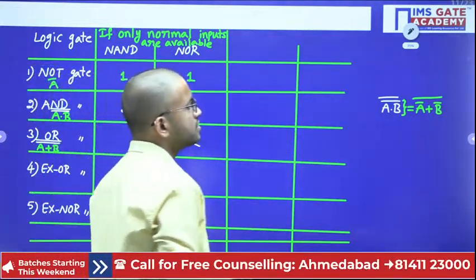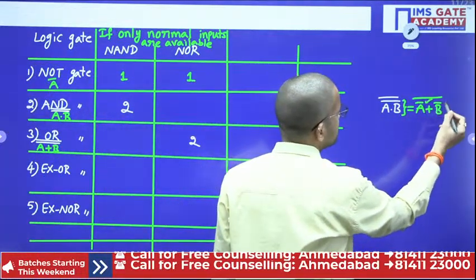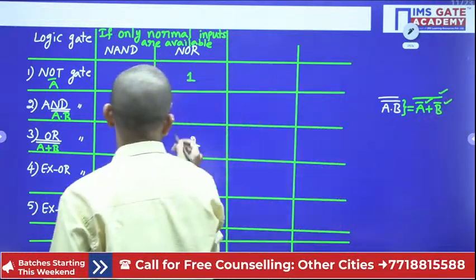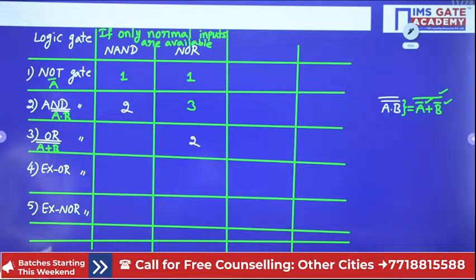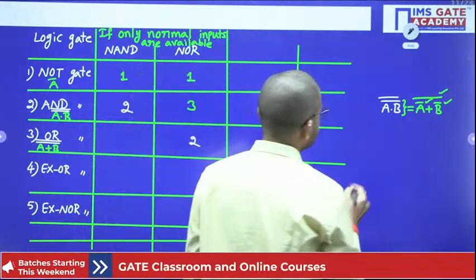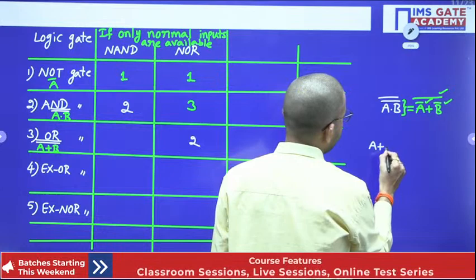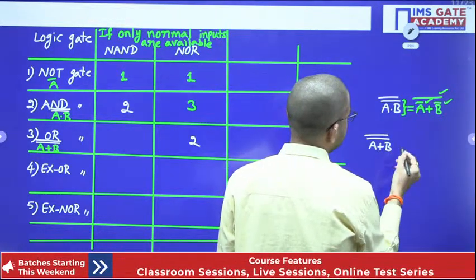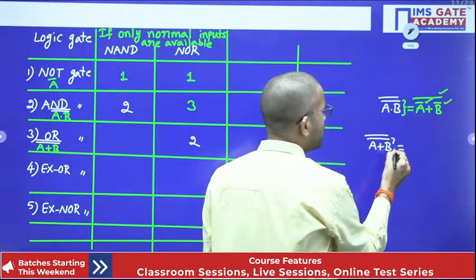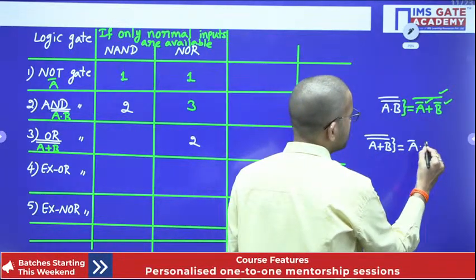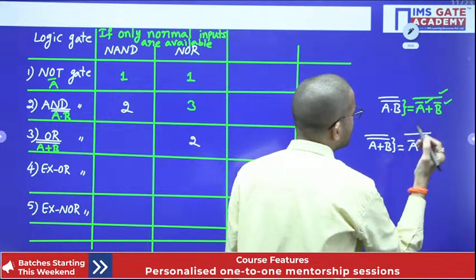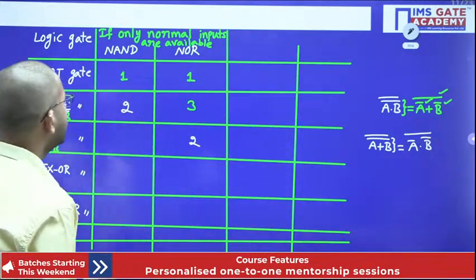Now in this case, how many are required? 1, 2, 3. We require 3 2-input NOR gates, right? Now similarly regarding the OR gate, OR gate by using NAND gates. Here you have to use De Morgan's law. You will get (A bar into B bar) whole bar. So here also we require 3.